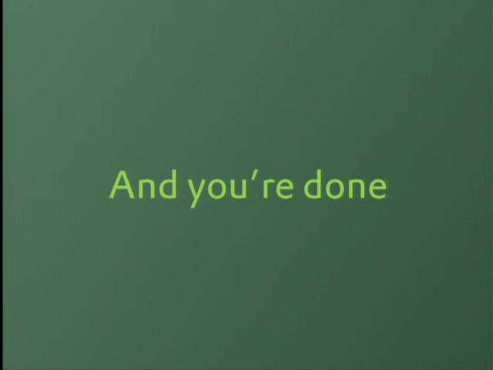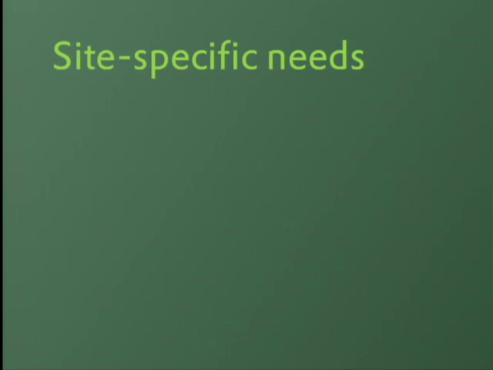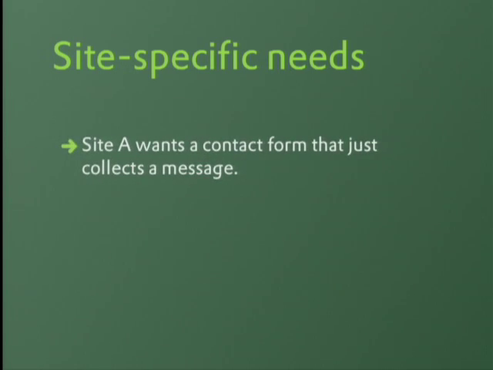Now, I know some people are going to raise a question, and we've already talked about this a little bit earlier on, when I pointed out that even a simple thing like registration, or in this case, a contact form, isn't necessarily as simple as you're going to think it is. When I was writing my contact form, this came up. Okay, I'm going to have these different needs. One site just wants an email address and a message, and they're done.